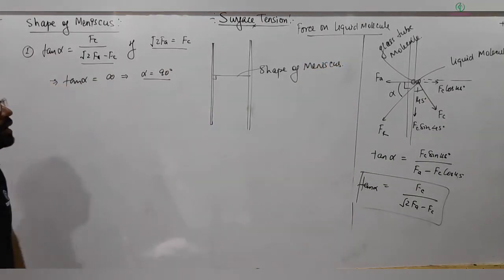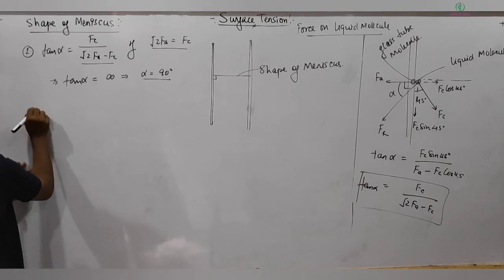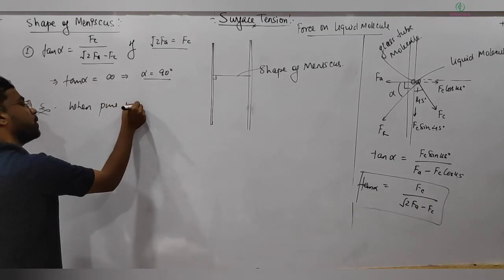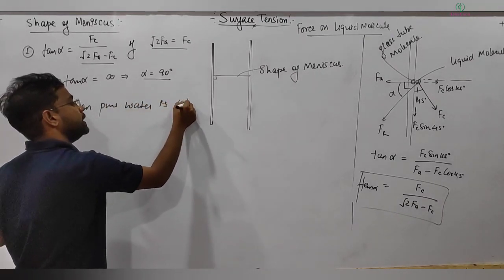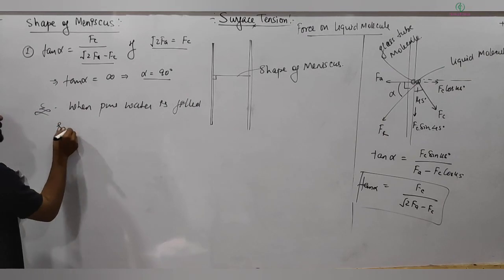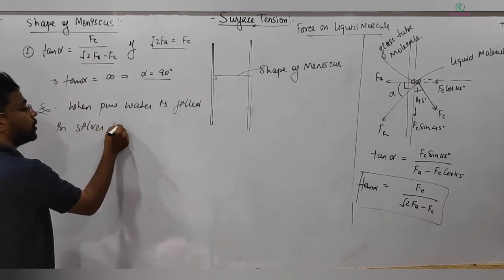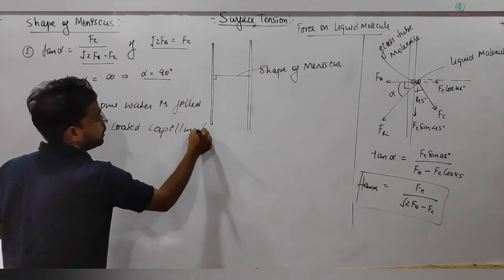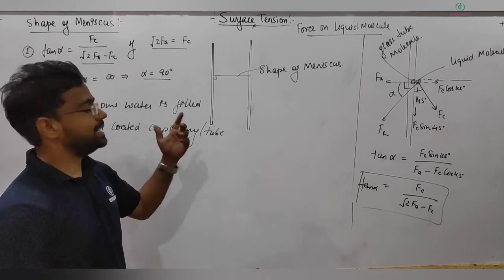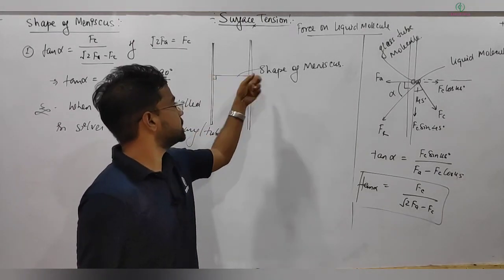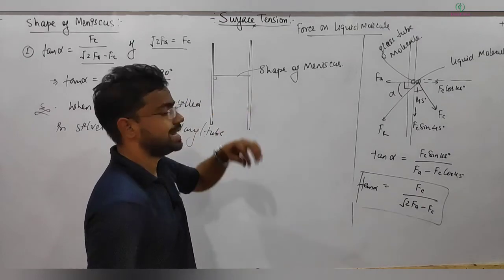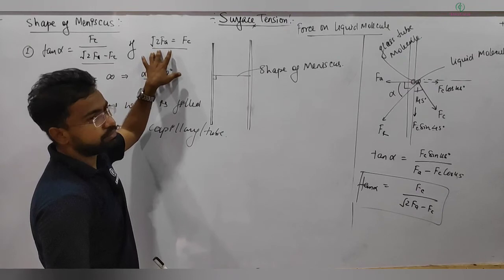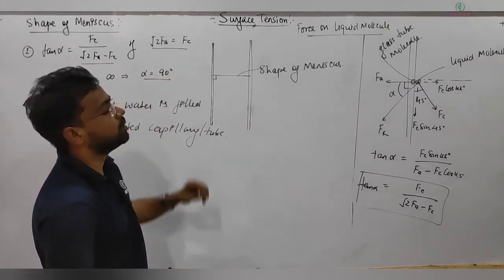This is the condition of this example, the situation when pure water is filled in a silver coated capillary tube. And in that situation, the shape of the meniscus is simply a horizontal, plain, flat surface, right? What exactly happened? Root 2 times F adhesive is equal to F cohesive.